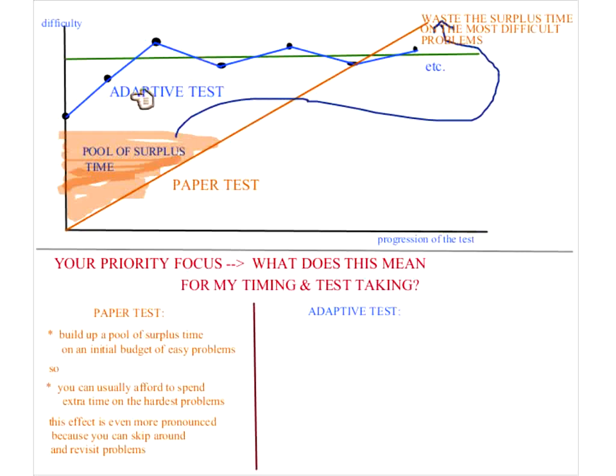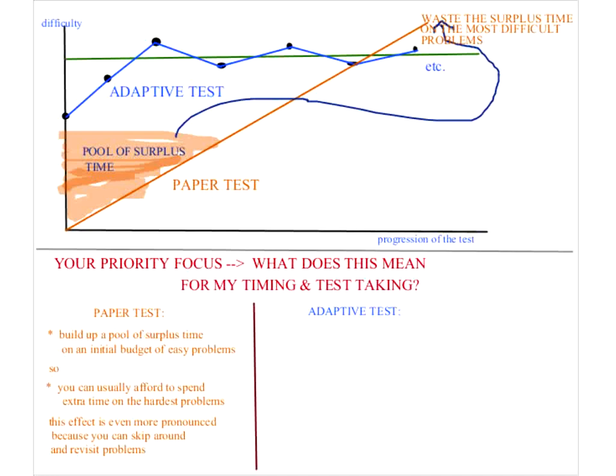Okay, notice what goes on. Again, when you look at this graph, it's not the graph itself that you're thinking about. It's what does this mean? Notice the first thing that you notice is that there's basically no pool of surplus time. Because you start out at middling difficulty levels, and it very quickly gets to know you and starts throwing problems at you that are difficulty appropriate.